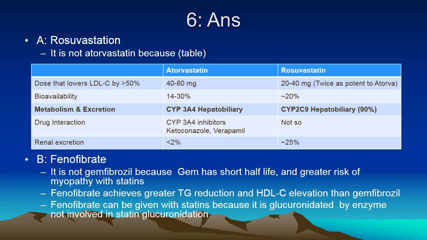So it is fenofibrate. Fenofibrate achieves greater triglyceride reduction and HDL cholesterol elevation than gemfibrozil. Fenofibrate can be given with a statin, particularly rosuvastatin, because it is glucuronidated by an enzyme not involved in rosuvastatin glucuronidation.